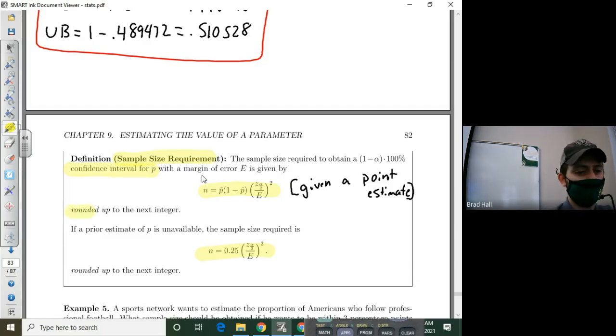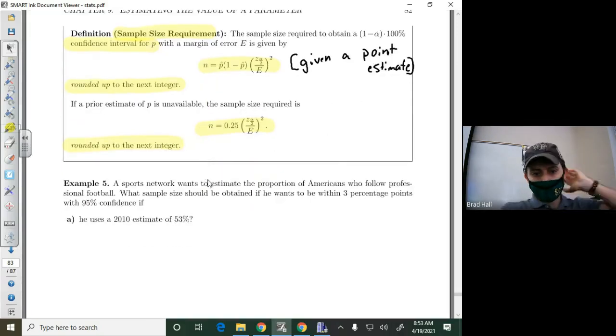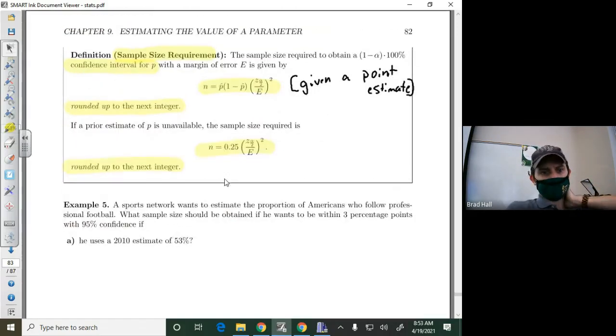And they make you round up for some reason. I guess that makes sense, but I won't get into the specifics. So this is basically, what sample size do you need in order for your confidence intervals to actually be legitimate? In other words, based off of your error, your point estimate, and this very particular z-score.